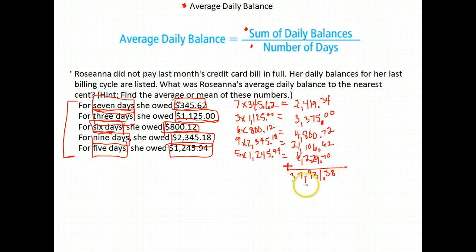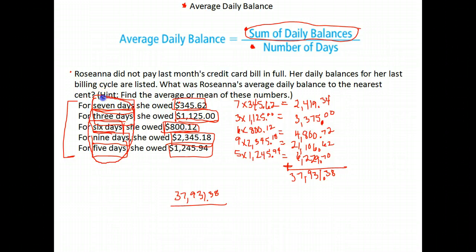Okay, so where are we now? We are supposed to find the average daily balance. So far, we have found the sum of the daily balances. So the top of our fraction, the sum of our daily balances all together, was $37,931.38. We're supposed to divide by the number of days. So now I'm going to total these days so I know how many days I was working with.